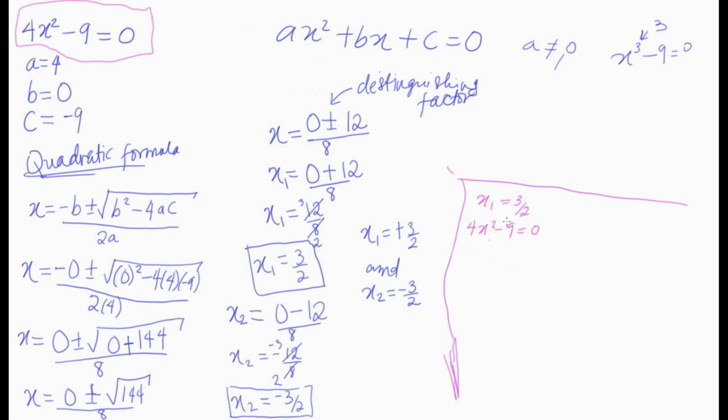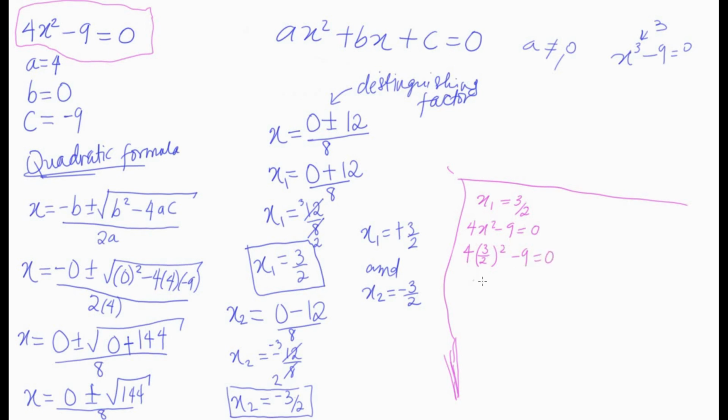So x sub 1 equals 3 over 2, and then 4x squared minus 9 equals 0. So I'm going to substitute right now. That's going to be equal to 4 times 3 over 2 squared minus 9 equals 0.